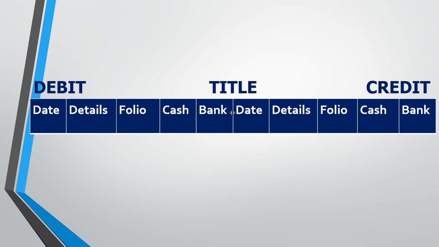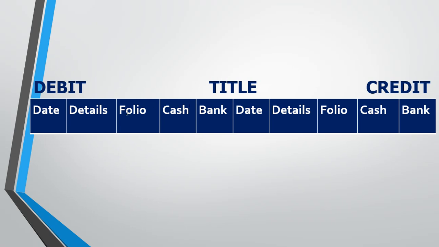The column for discount received is on debit, and the discount allowed is on credit. Because if we are allowing a discount, meaning cash is going away. So those columns are also given in the three column cash book.